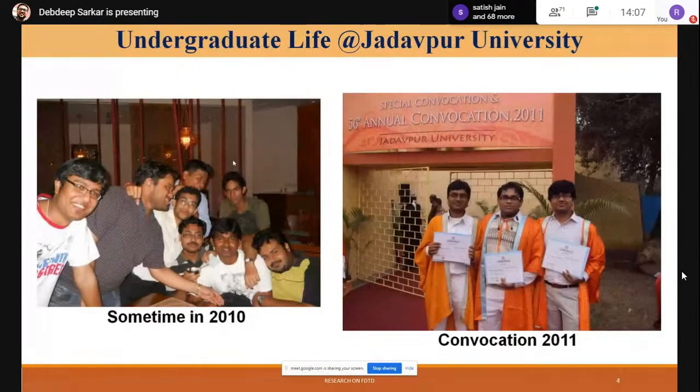Before I go into the talk, I was tempted to share some glimpses of my previous journey, and particularly reminisce a little bit about Jadavpur University, where I did my bachelor's in electronics and telecommunication engineering. This is a photo of us goofing with friends, and this is from our annual convocation.